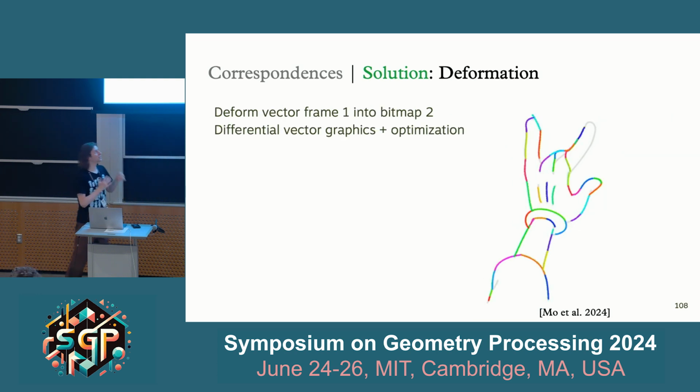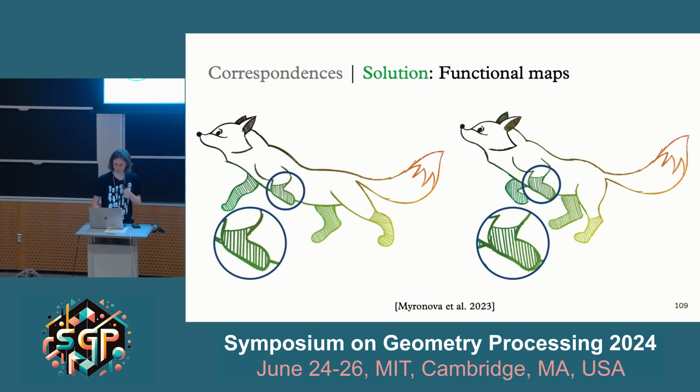Another idea in this domain is to optimize the shape of your strokes from a single drawing to match the second one, using a differentiable renderer inside. That also has problems with local minima. Because of the occlusions, you're often stuck. Another approach is to use functional maps.